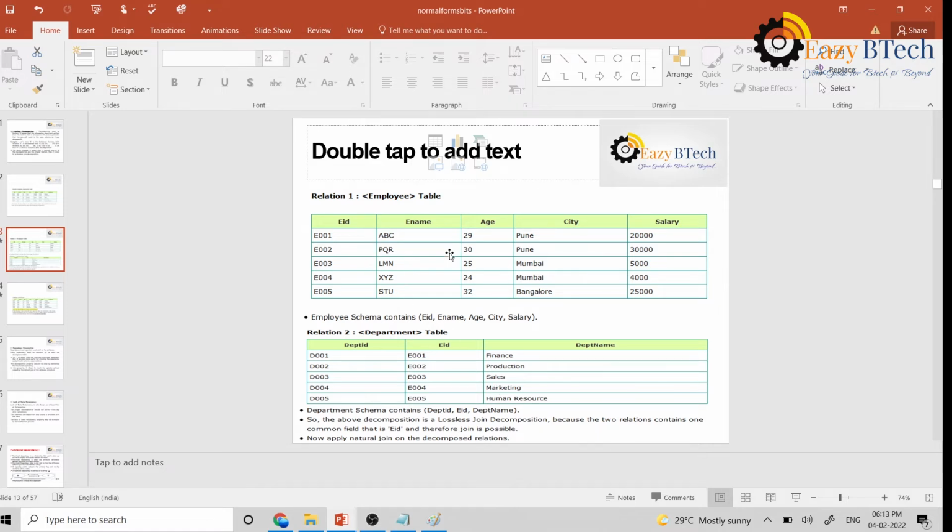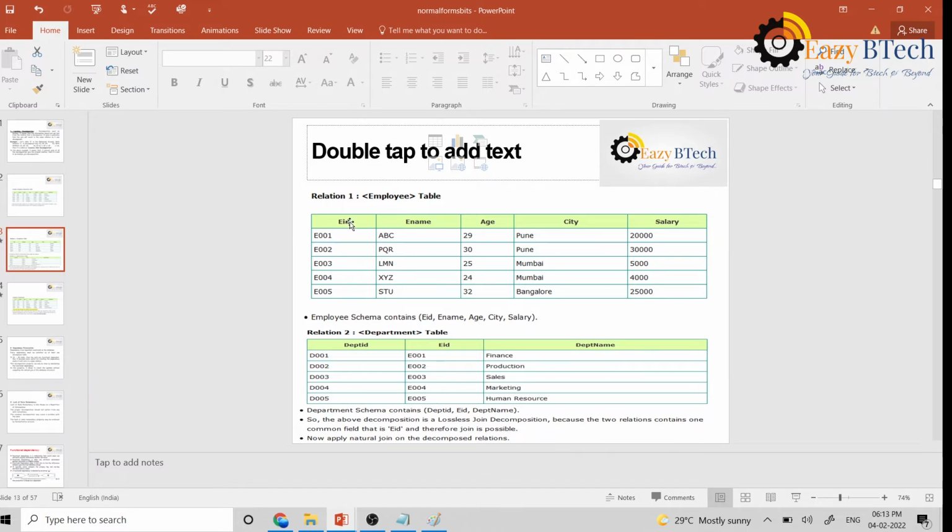What is the relationship between the employee table and the department table? Comment me. Employee ID is the common attribute between the two tables.